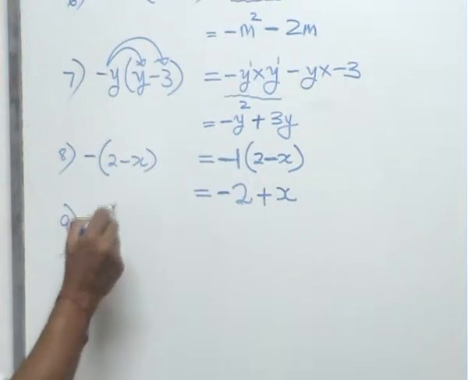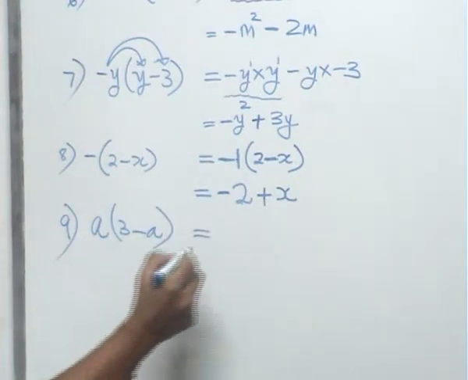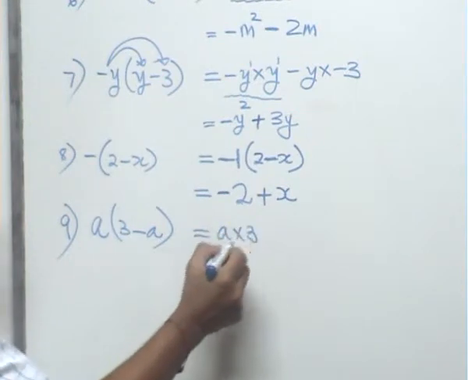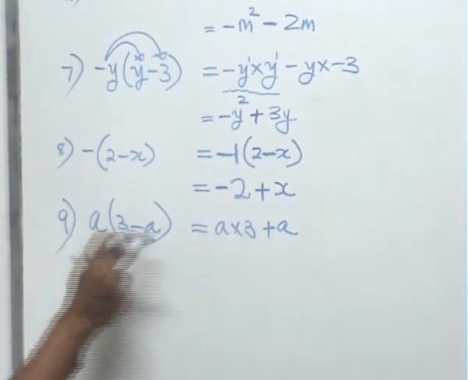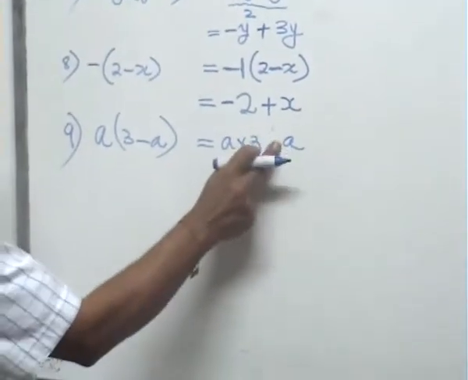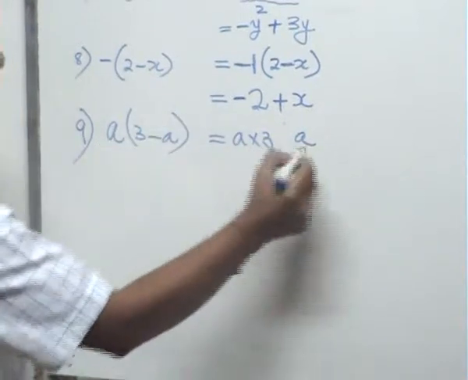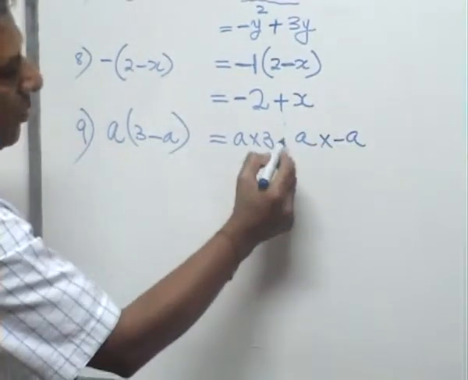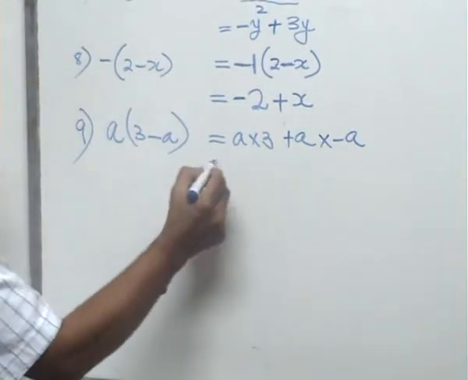Number 9, a into 3 minus a. Alright, so this will be a times 3 plus a. Now you see this is, I can't just write a like that. I'll be wondering what is it now. So it is a times minus a. Well, really speaking, this is plus a because a plus is understood.